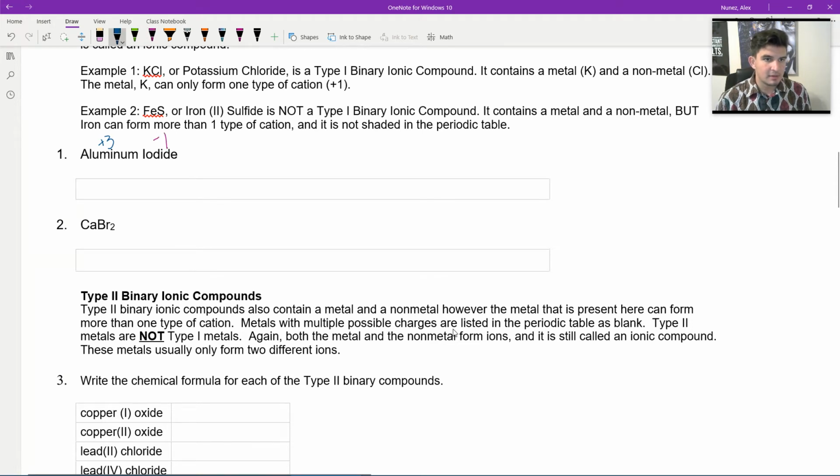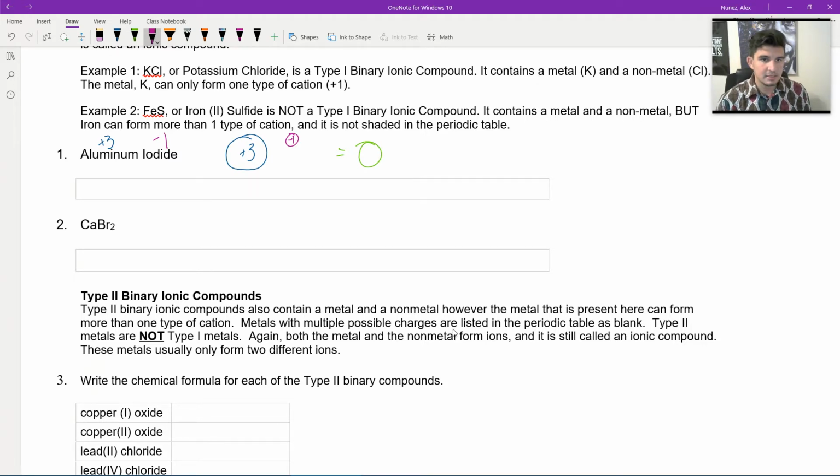To think about balancing these charges, one aluminum has a charge of positive 3. One iodine only has a charge of negative 1. And as always, our goal is to have a charge of 0 to balance out those charges and become neutral.